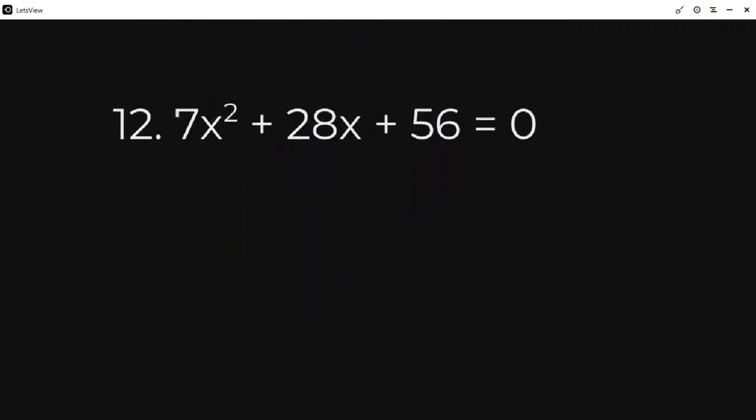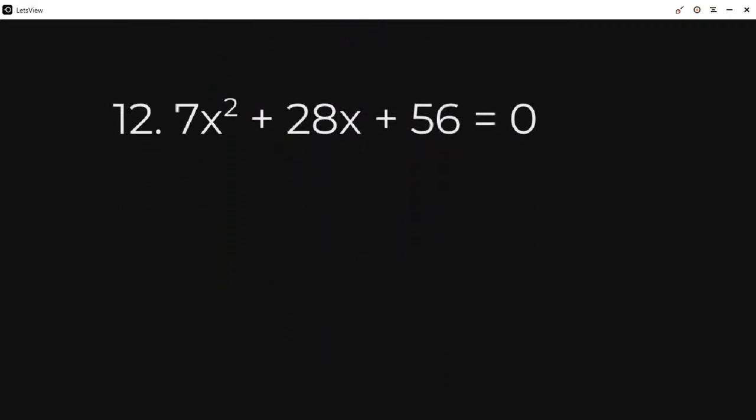Okay, then for the next one, we have 7x squared plus 20x equals 56. So I'm going to first move the 56 over because I don't want it on this side. So we get 7x squared plus 20x equals negative 56. And I want a to be 1, so I'm going to factor out the 7.